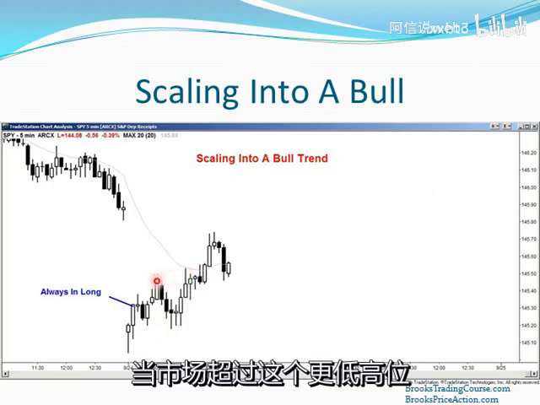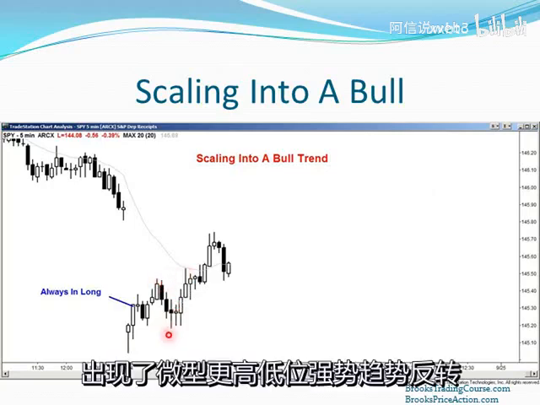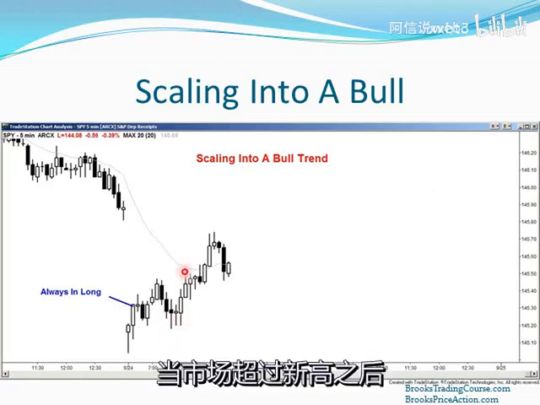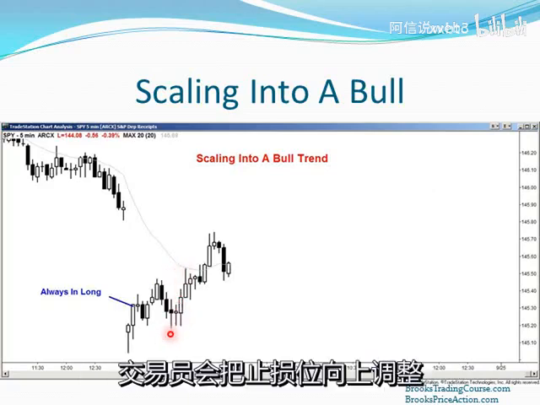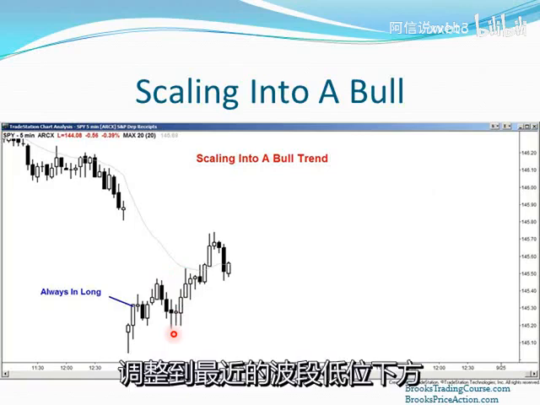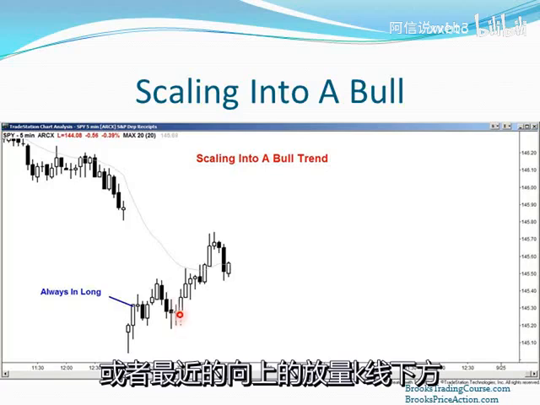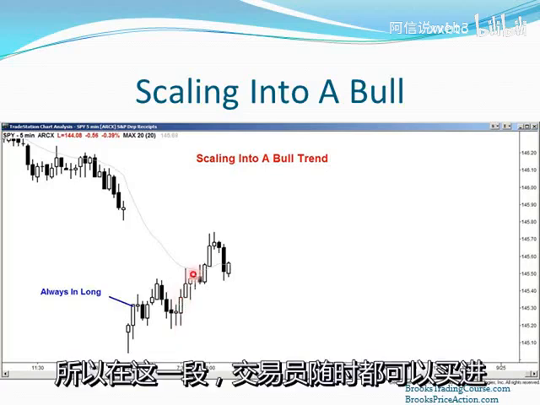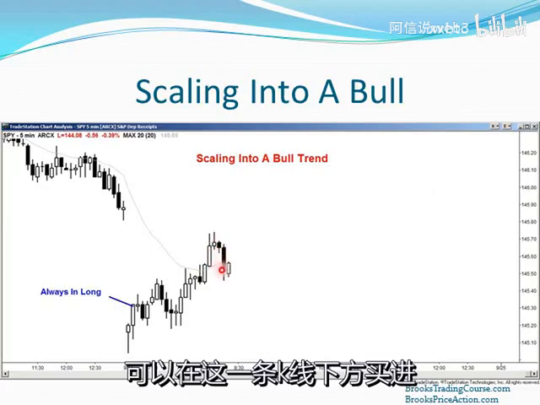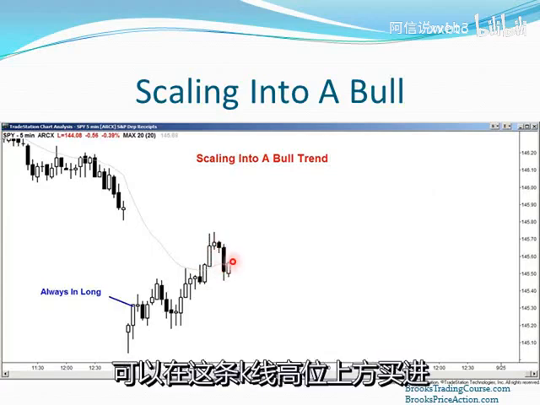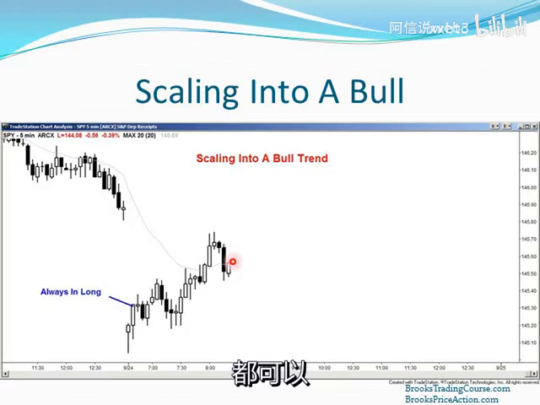And then once we went above this lower high, we have a small higher low major trend reversal. Once we went above the new high, traders would raise their stop to below the most recent swing low or below the most recent bull spike. So traders could buy for any reason all through here. They can buy the low of this bar, they can buy the bear close, they could buy above the high of this bar. Doesn't matter.